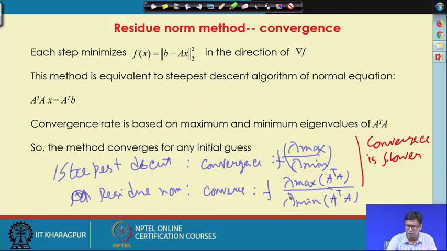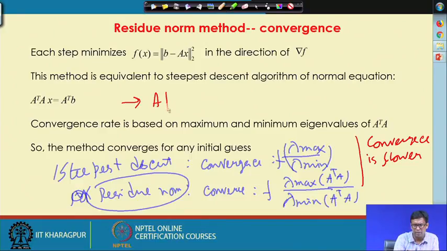So, though it is a slower method and it does a lot of calculations, two matrix vector multiplications, finding the square norm, etc., in each step, the number of steps is high, but this method converges for any matrix. In certain cases where the other methods will not work, the residue norm method will be of application.